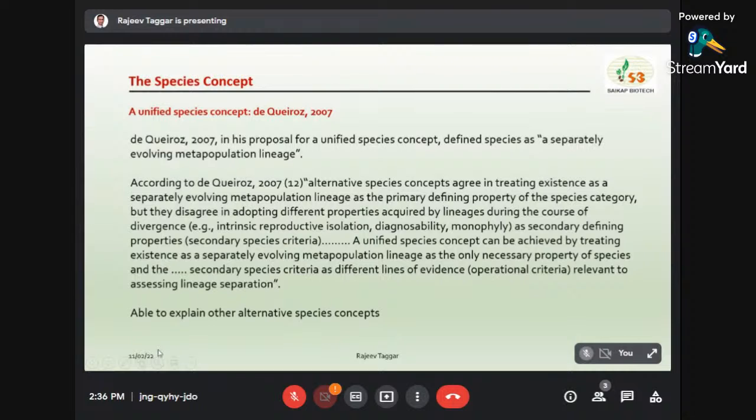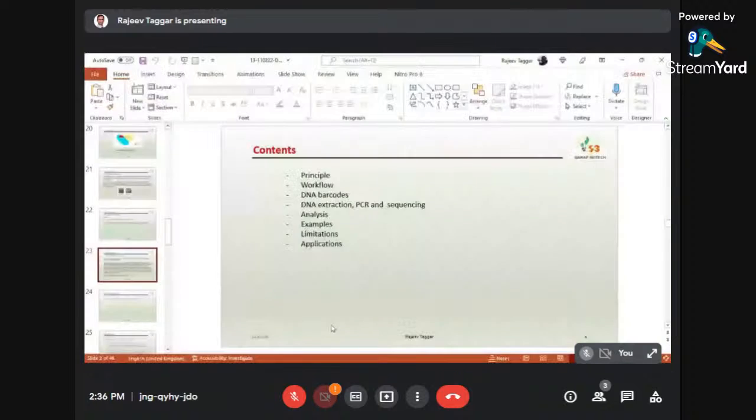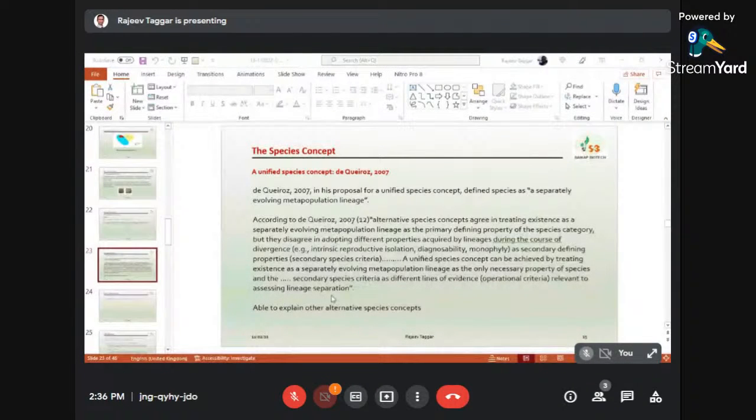there's a very nice picture from the same author, De Queiroz, and I would really like to show you that picture. Let me see if I can. That paper I have already sent to you, but from the same paper, let me try to show you that picture. Just one second.